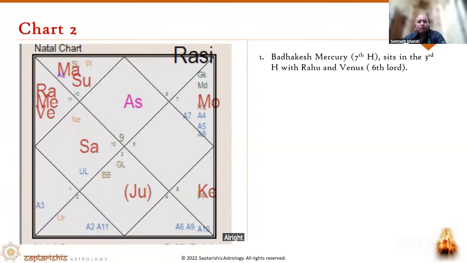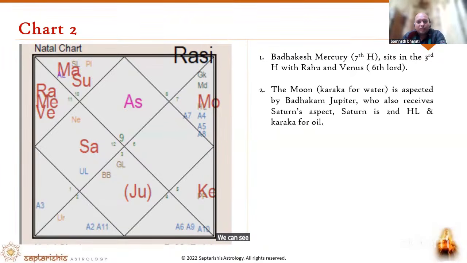All right. So for this Sagittarius Lagna, we can see that Badhakesh Mercury is sitting in the third house with Rahu and Venus. Venus is the sixth lord, and Rahu is the Karaka for poison as well, as Sir has told us.